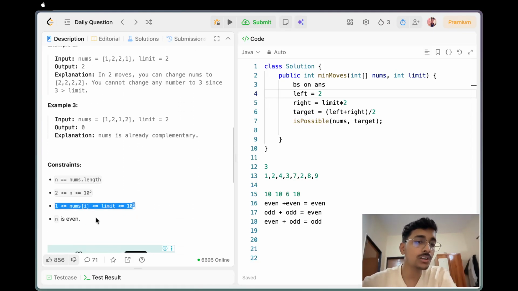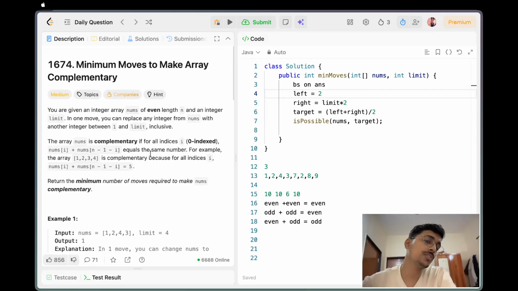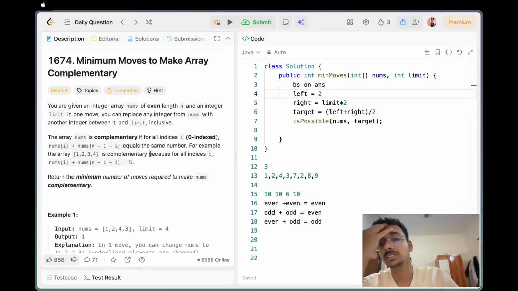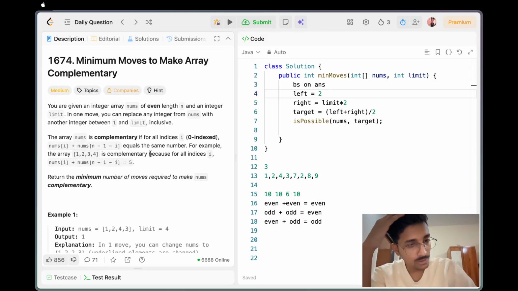The limit will always be greater than or equal to any number of elements in nums. That solves a big problem.